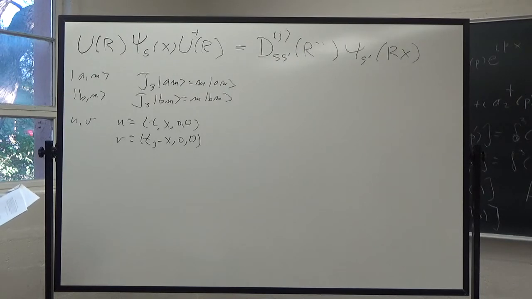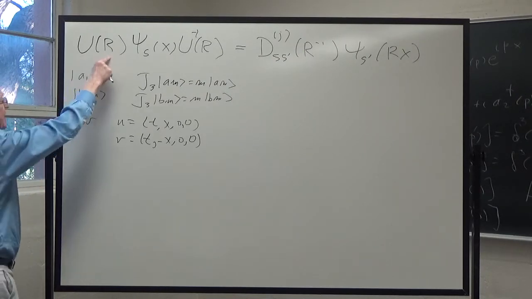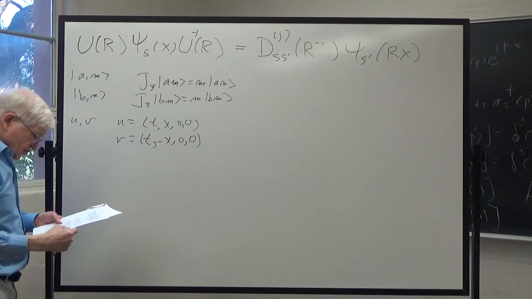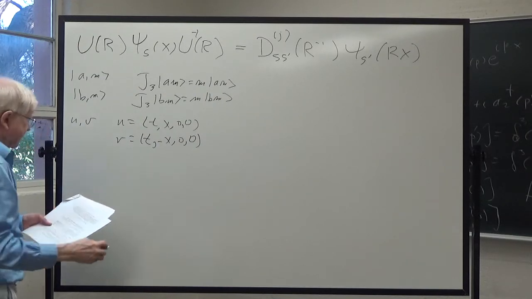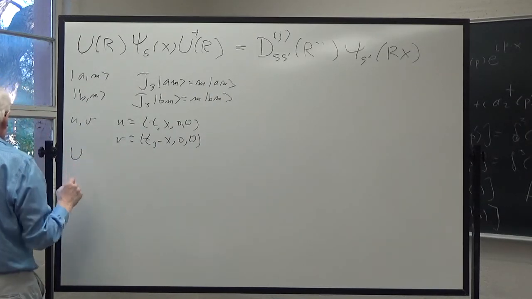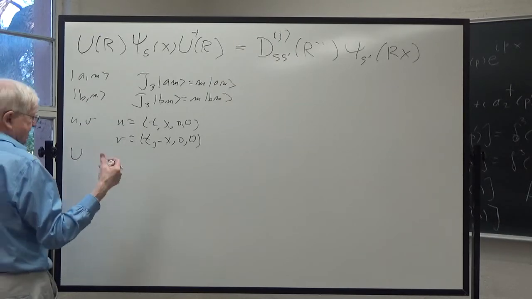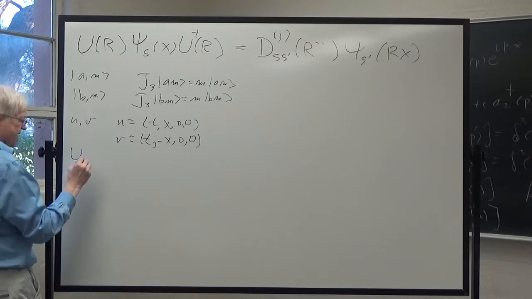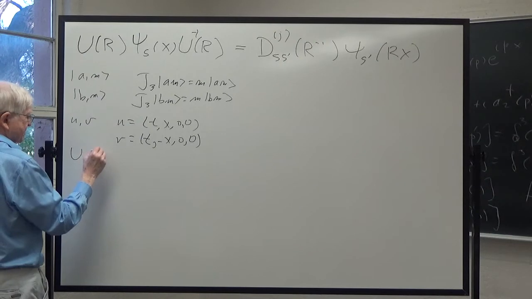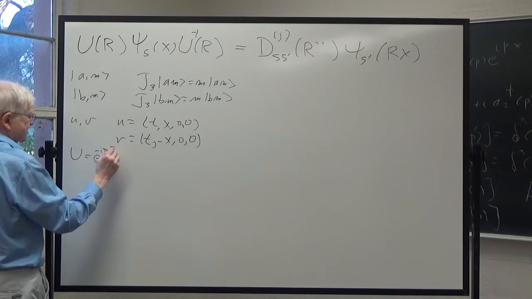And now let's make this U more specific. Let's say U is a rotation, say a right-handed rotation by pi. So this U is e to the minus i pi J3.